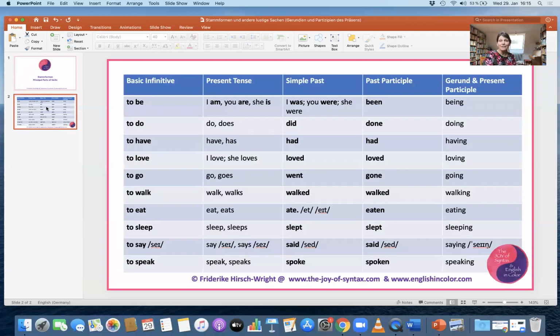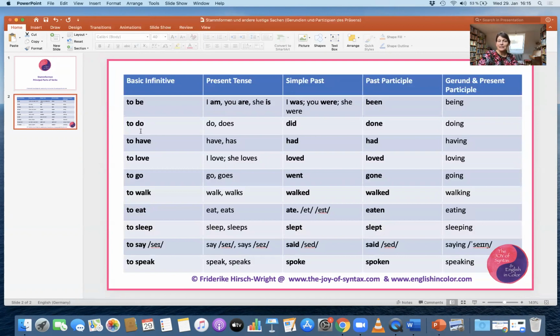Now, in a lot of school books that I've seen, and a lot of grammar books, people always give you three principal parts. They give you the basic infinitive, and people often forget that in English and in German there are actually 6 types of infinitives, but they always give you the basic infinitive. Then they give you the simple past, and they give you the past participle.